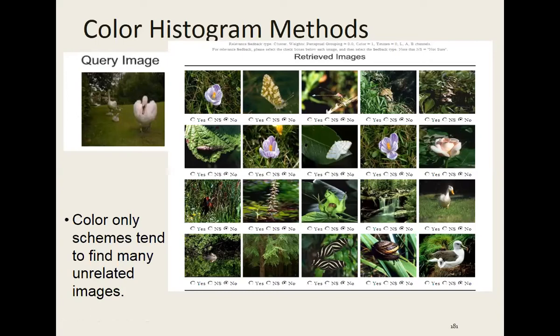As a result, if we are extracting colors as a representation from the image, since most of the colors are dark green, the images that we are getting are also dark green.